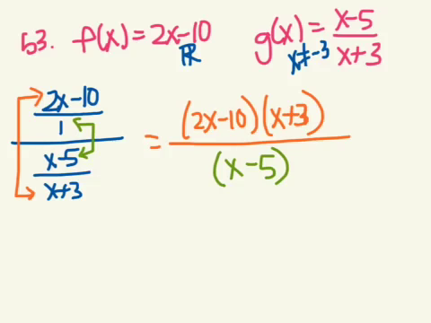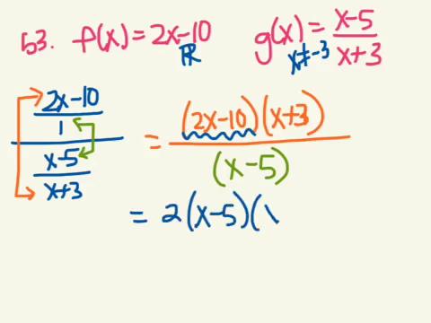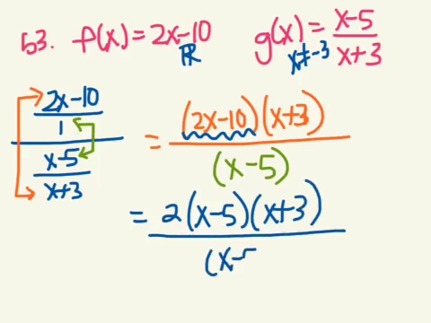Before I check, now again, watch, because here it looks like nothing cancels, but this is not really completely factored. If you look in the numerator, this 2x minus 10, you can take out a 2. So you have 2 times x minus 5, x plus 3, and it's all divided by x minus 5.